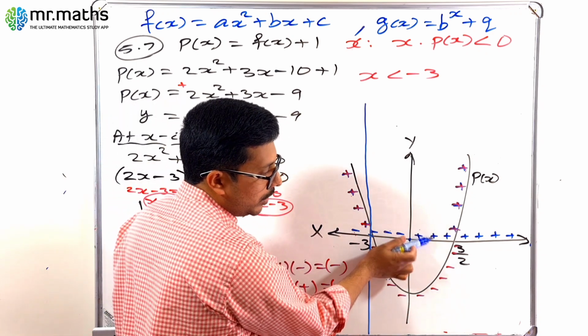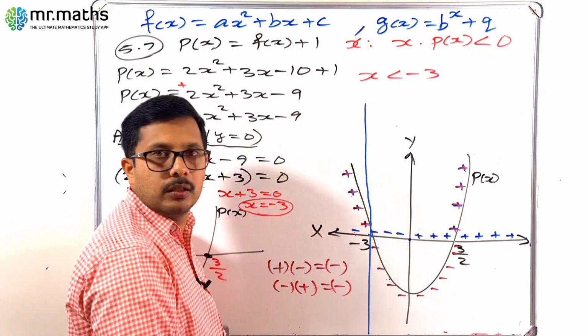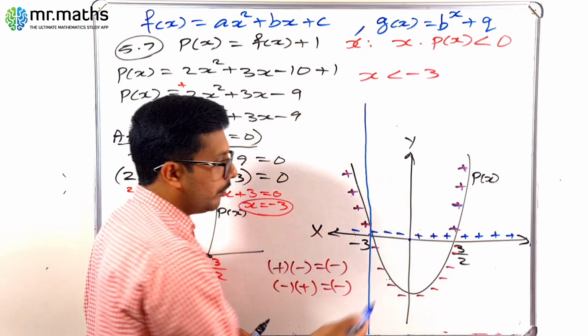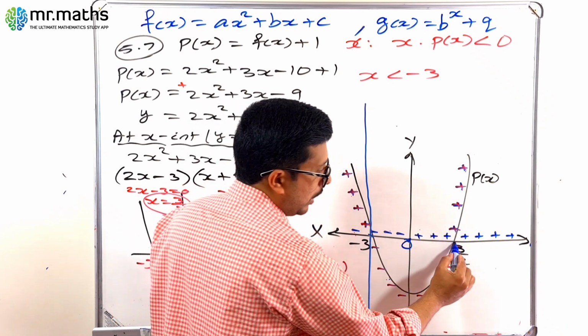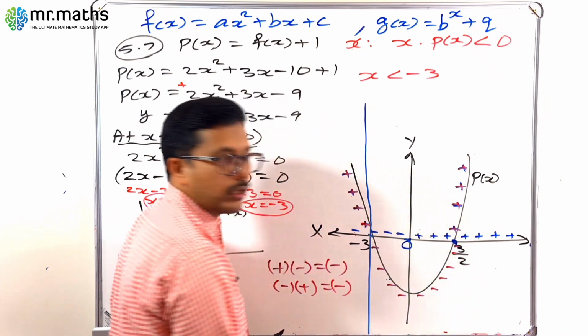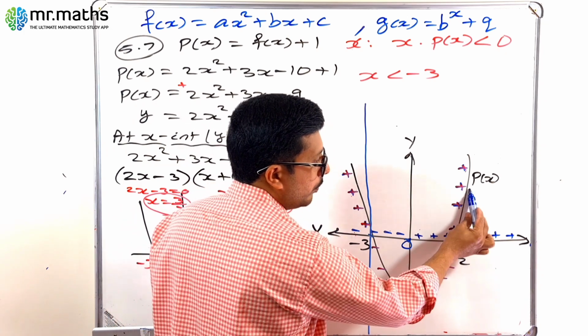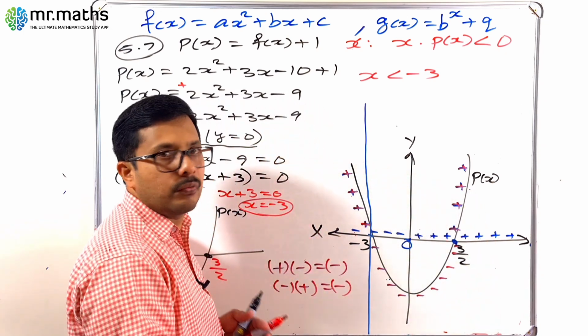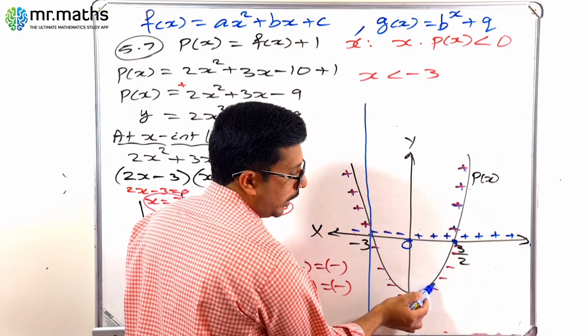The x value is positive, the y value is negative. So positive times negative is negative. Am I right? When x is greater than 0. Then after 3 over 2, the x value is positive, p of x is also positive. We don't want that one. So between 0 and 3 over 2, positive, negative.